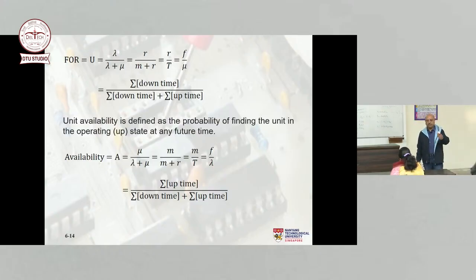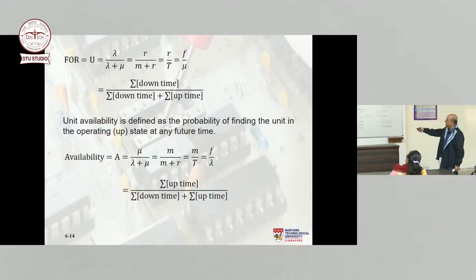Unavailability is the probability of finding the generating unit in the failed state at some distant time in the future. So they are each other's complement, assuming that the generating unit can only exist in two states, up or down. We'll see very soon that it need not be that way. So availability is mu over lambda plus mu. It is the total uptime over total downtime plus uptime.